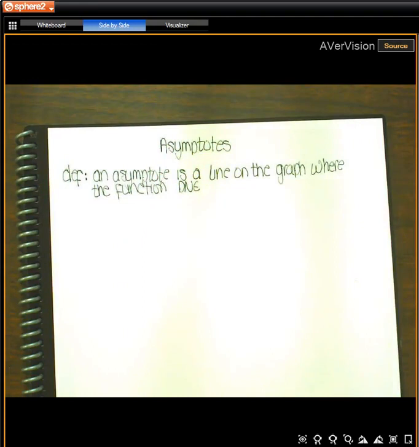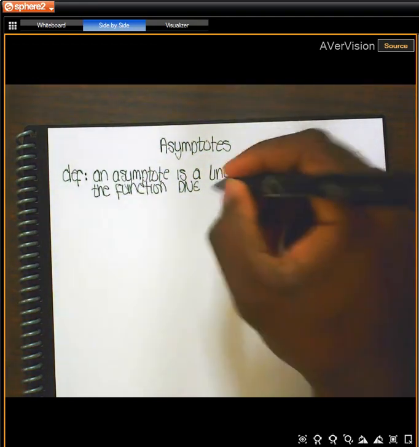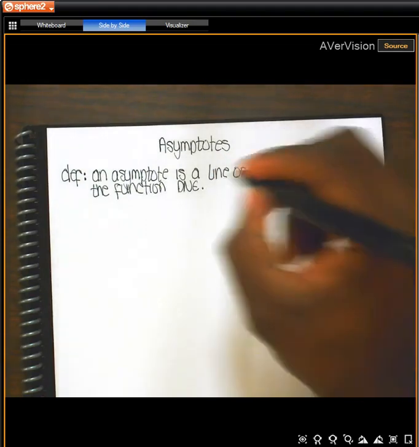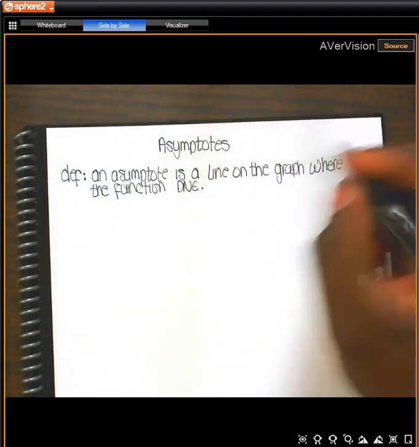DNE just means doesn't exist. So you'll see that the graph gets very close to it but never really touches it.